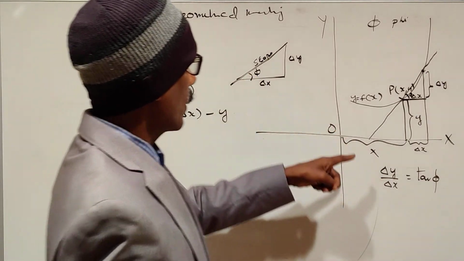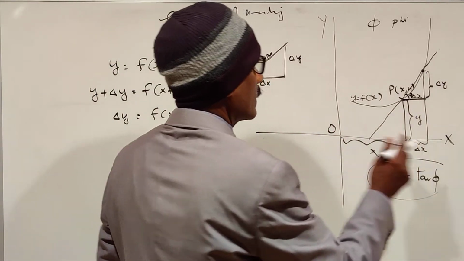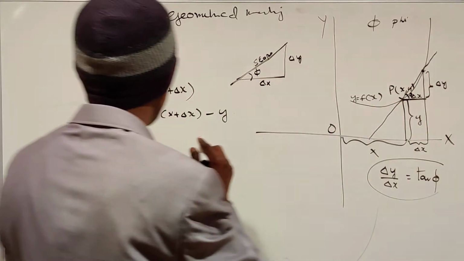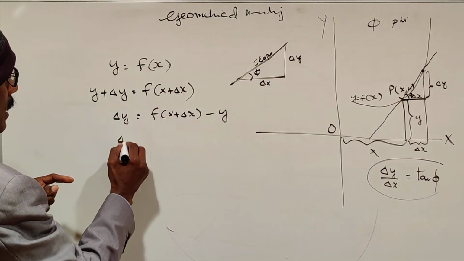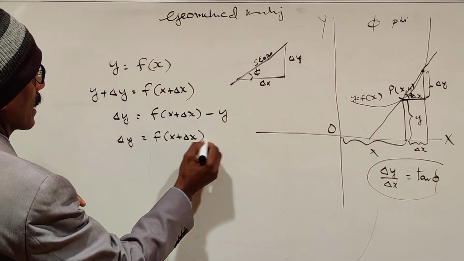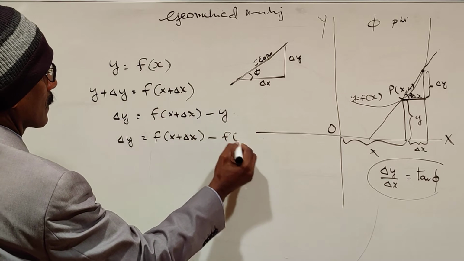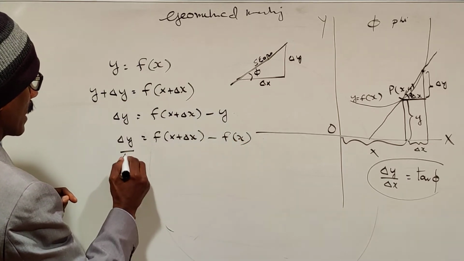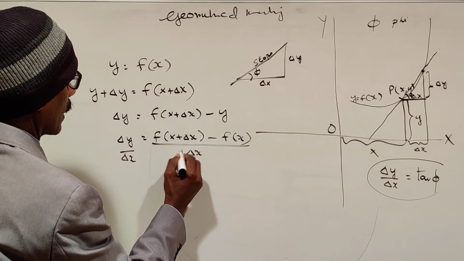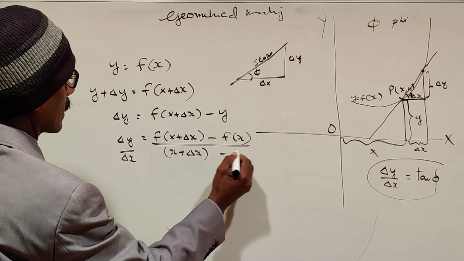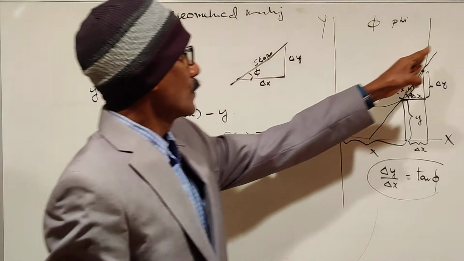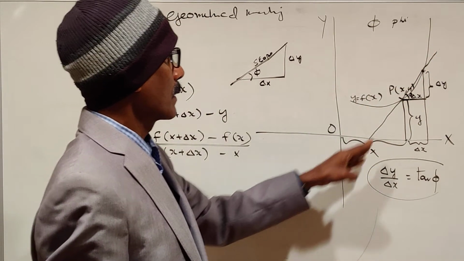Tan phi equals delta y by delta x. That is, the slope of the secant line is delta y by delta x, where delta y is f of x plus delta x minus f of x, divided by delta x.